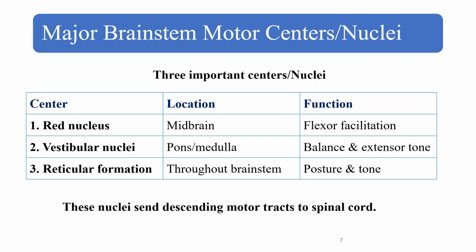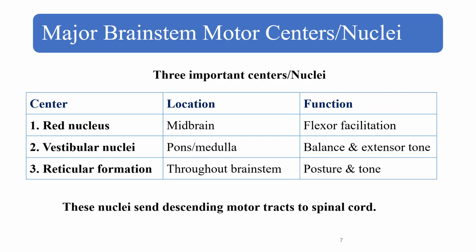Its site is the midbrain, and its major function is that it facilitates the flexor activity of the anti-gravity muscles. The second is the vestibular nuclei. They are located in the pons and the medulla and are responsible for balance and facilitation of extensor tone. The third one is the reticular formation. It is present throughout the brainstem and is responsible for the control of posture and tone overall.